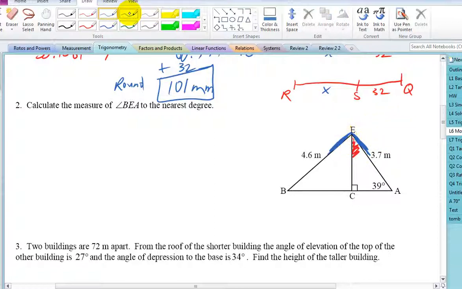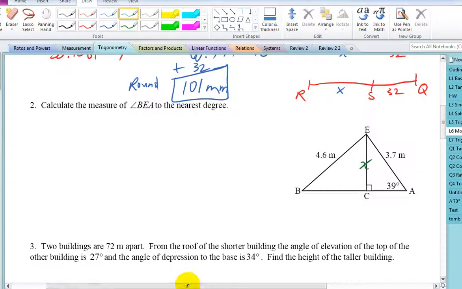But then to find this other angle here, what we have to do is find the side, then use the two sides to find the angle. So let's start by finding side x. Go. Using 3.7 and 39 degrees, using the triangle on the right to find x.